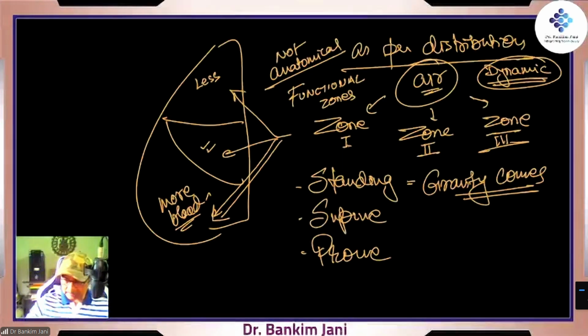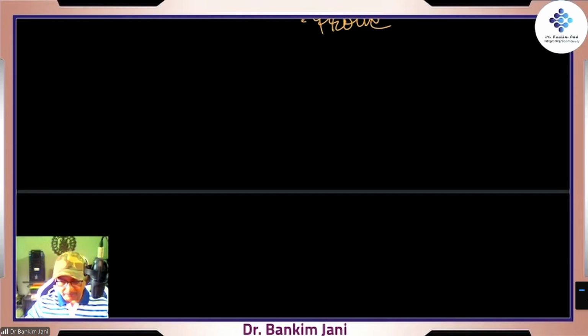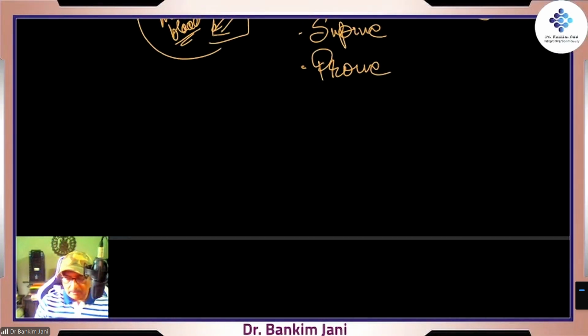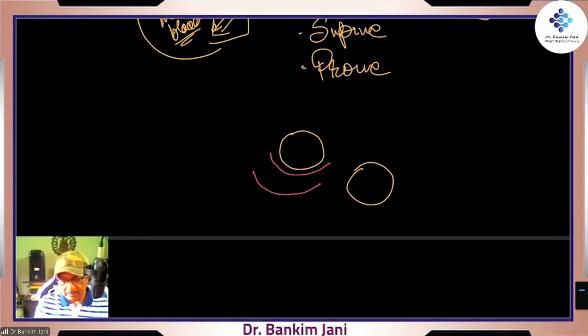So let's start with our standard figure, where we drew that, okay, this is the alveoli, another alveoli, and we have those capillaries. These are the capillaries which take part in the gas exchange. So this is alveoli, and that's a capillary.